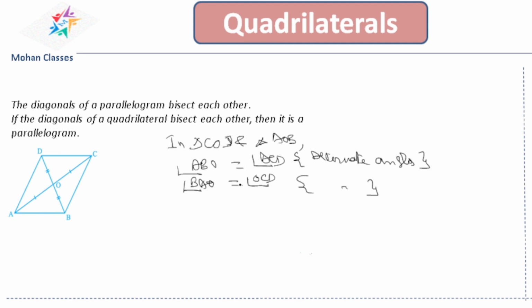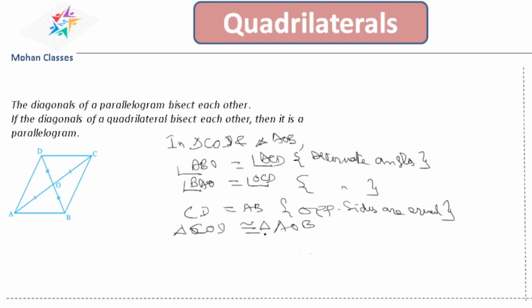And then CD is equal to AB, opposite sides are equal. So as per this AAS, yes. So this triangle COD is congruent to triangle AOB.